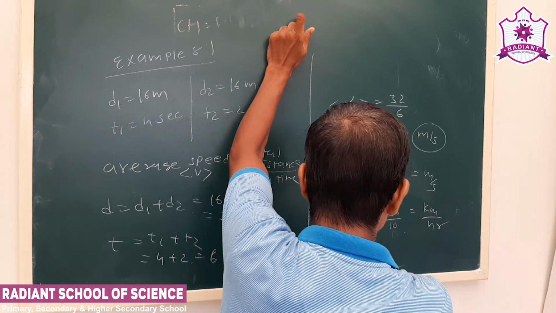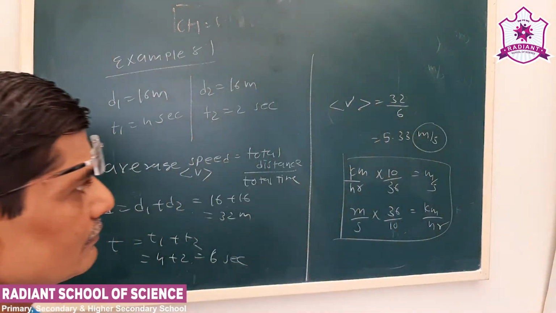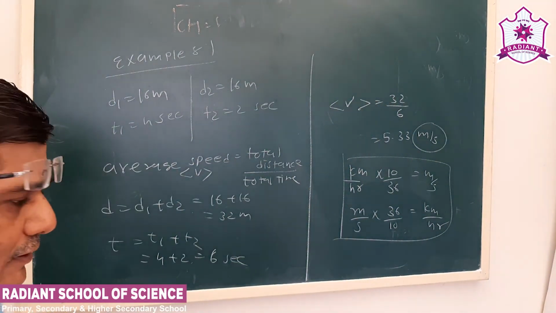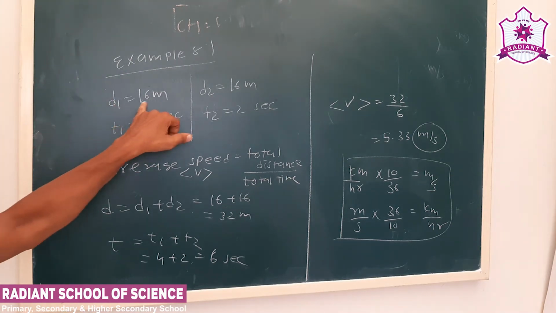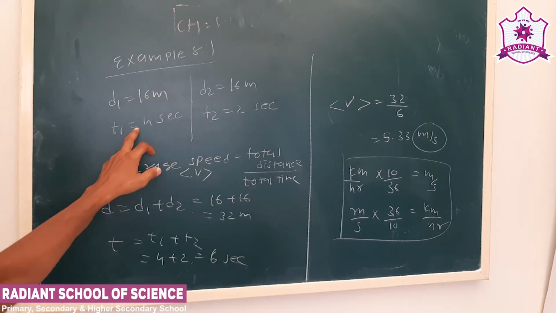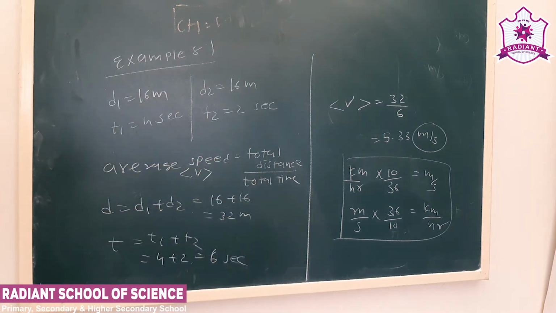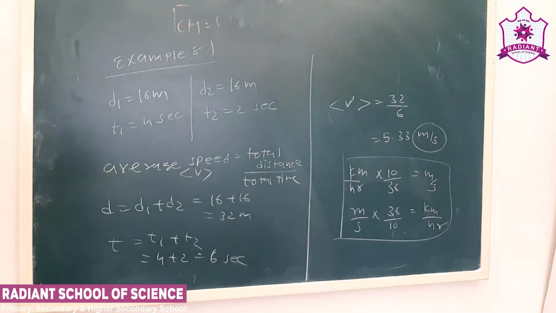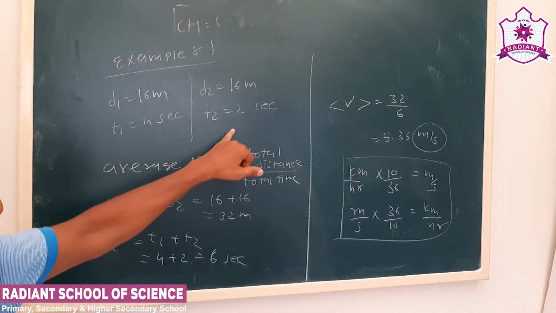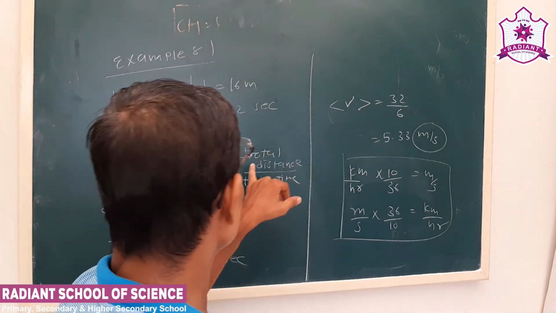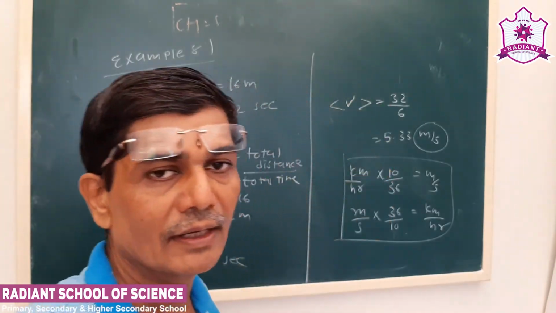So by using this formula, we can convert to kilometer per hour. So this is about example 8.1. D1 and D2 are given as 16 meter and 16 meter. Time is given as 4 seconds and 2 seconds. So what is the formula for the average speed? We have discussed. Total distance is 16 plus 16, 32 meter. Total time is 4 plus 2, 6 seconds. Now average speed is total distance upon total time. This is how we can solve.